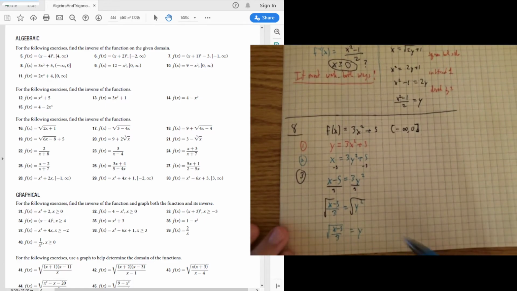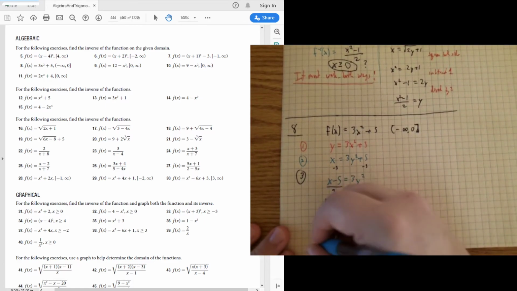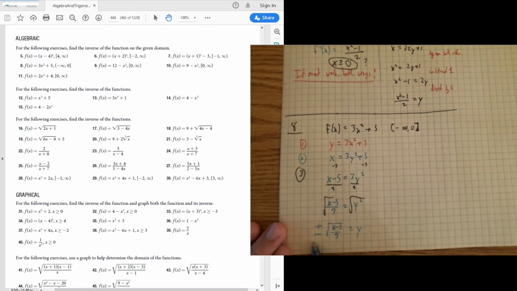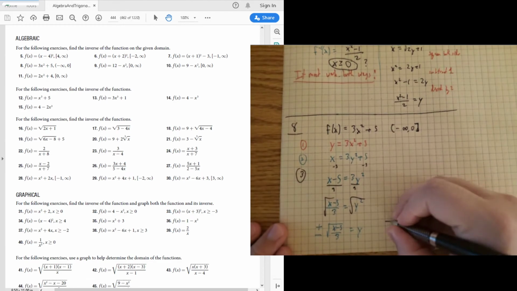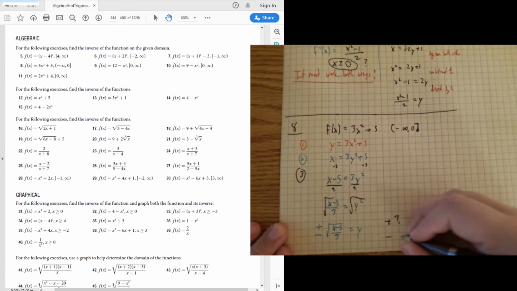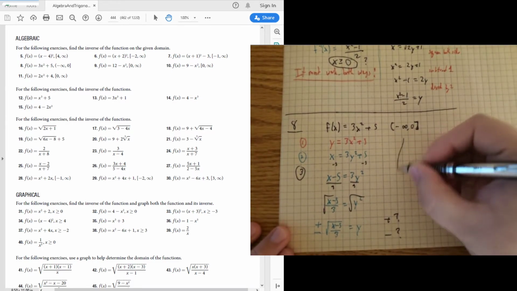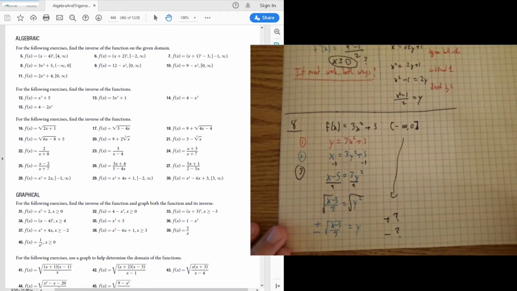But don't forget, when you take a square root, there are two solutions, a positive and a negative. So, in this case, one of these is the answer. It's either positive or the negative. And the trick is, this component tells you which one, if you're willing to use it.